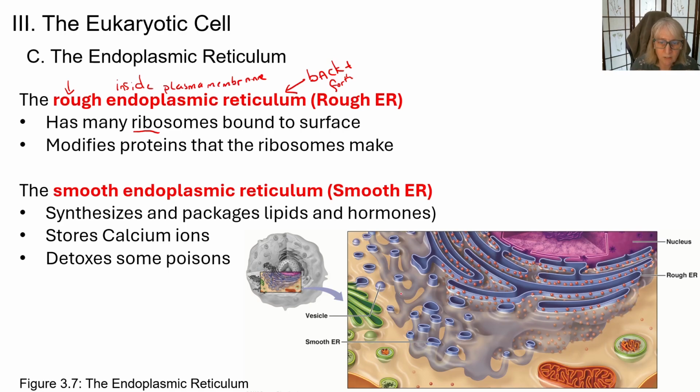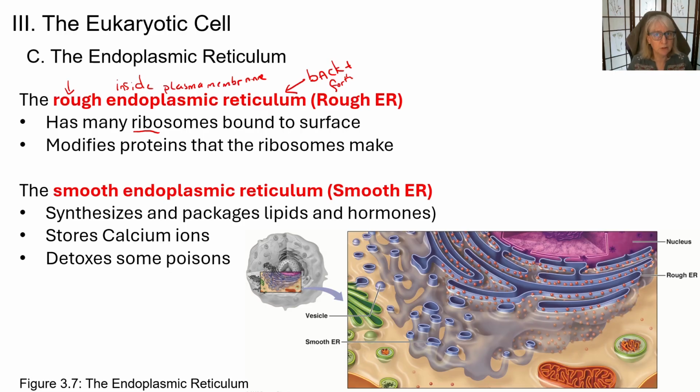The other part of the endoplasmic reticulum, the one that didn't look bumpy, they called the smooth inside the cell back and forth thingy, the smooth endoplasmic reticulum. It's involved in other molecules that the cell is working with. It synthesizes, means it builds, lipids, those are fats, and hormones.